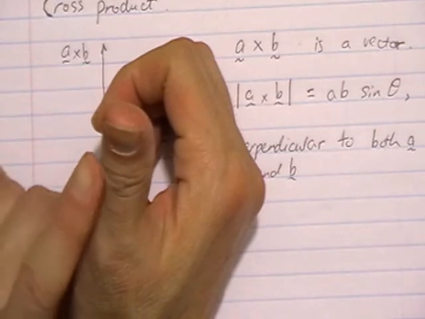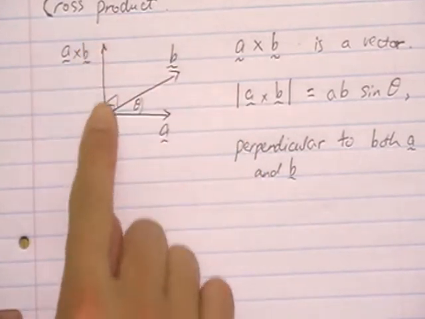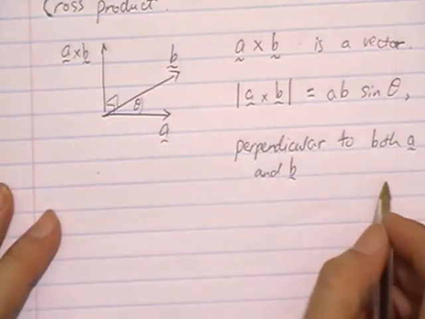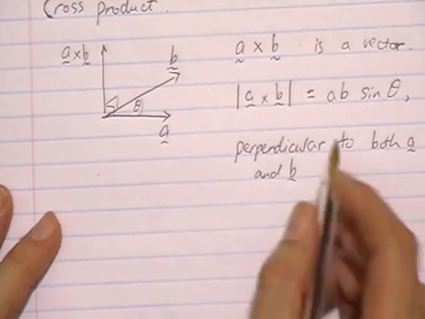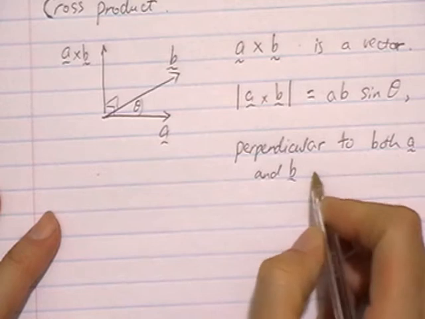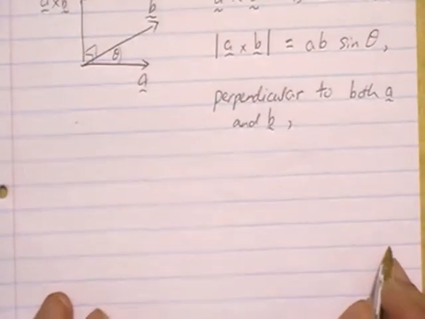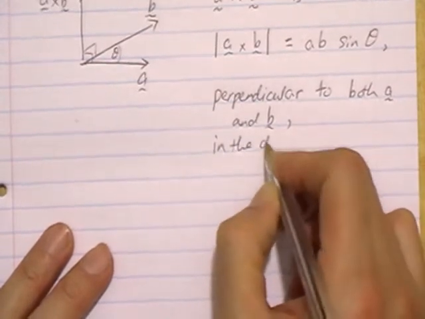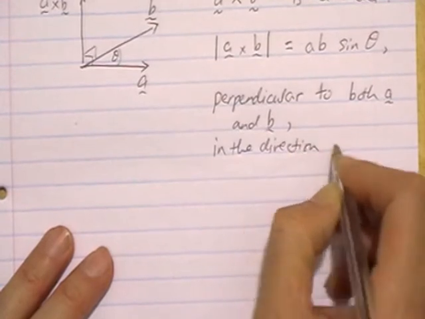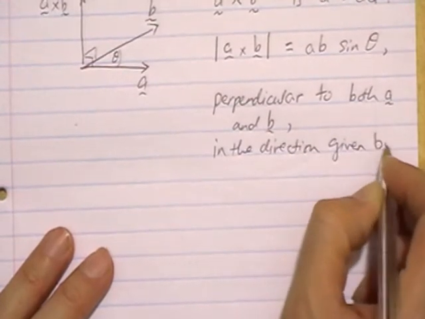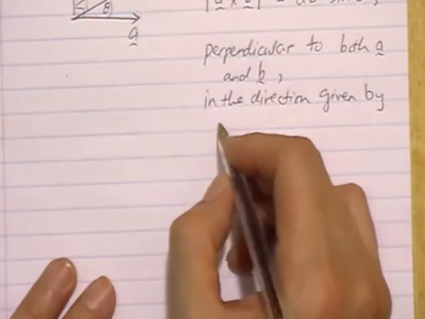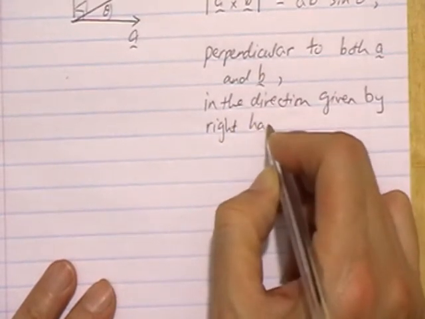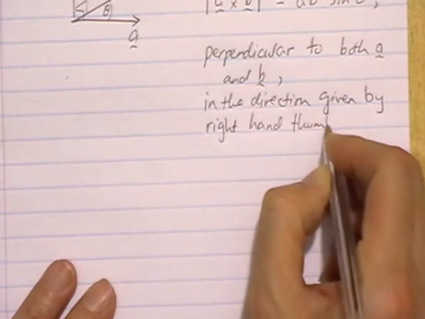Then the thumb points in the correct direction for A cross B. So to describe that, we might say that it's perpendicular to both A and B, and it is in the direction given by the right hand thumb rule.